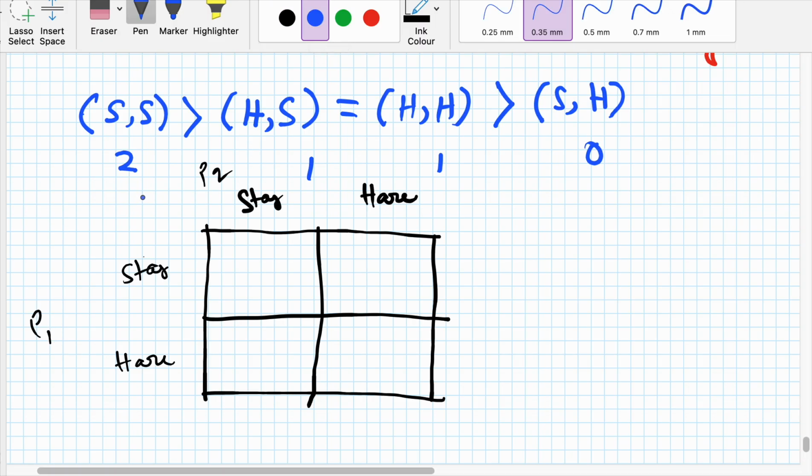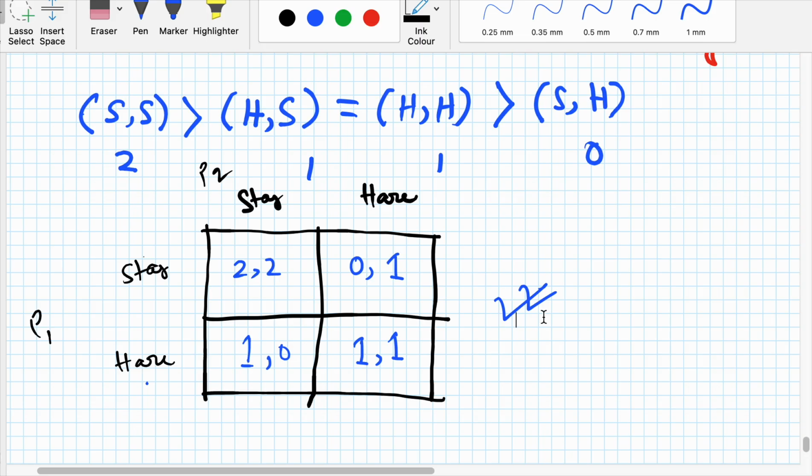Now if both of them go for stag, obviously both of them get 2, but if one goes for hare and the other for stag, whoever goes for hare will get 1, but the individual who goes for stag will get nothing. Here it is the same, and if both of them go for hare, both of them get 1. So this represents the situation of the stag hunt game.